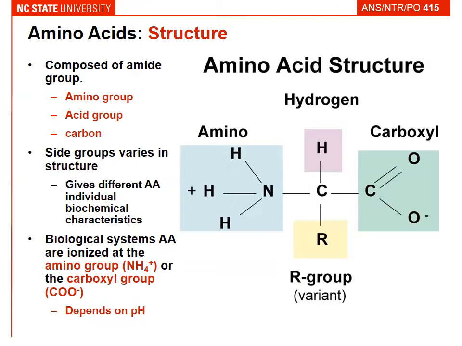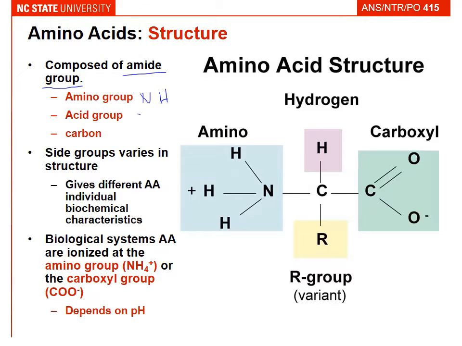So our amino acids have a general structure. They all have this backbone structure, which is made up of an amide group. This amide group is composed of an amino group, an acid group, and a carbon. Our amino group is our nitrogen and hydrogen.